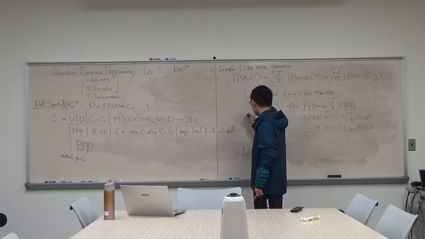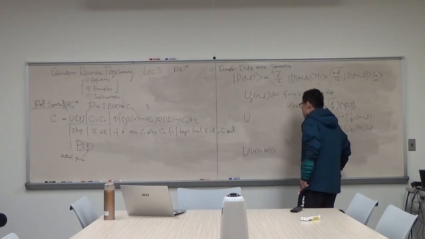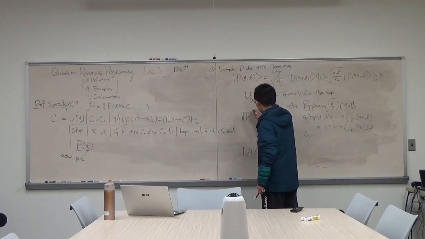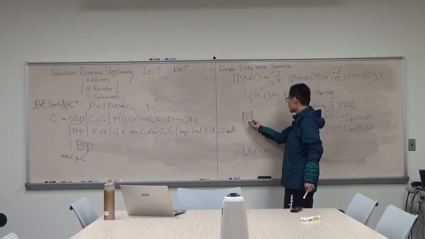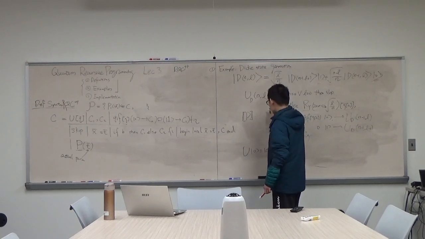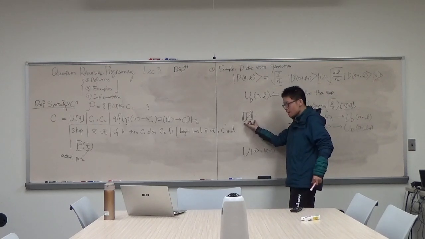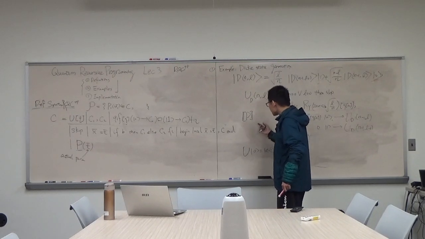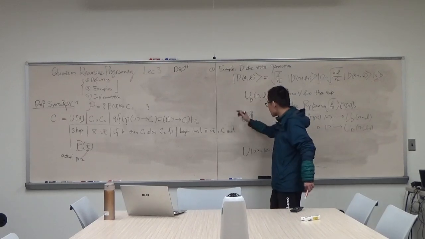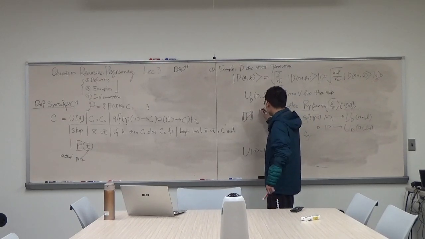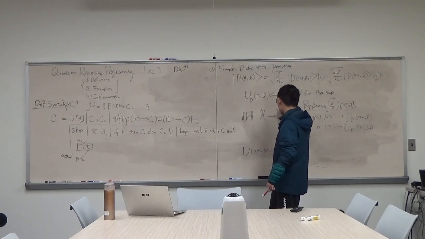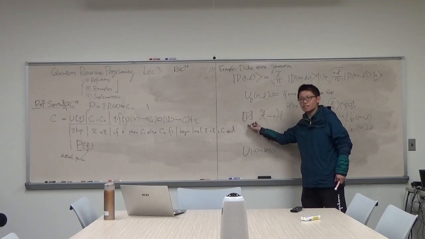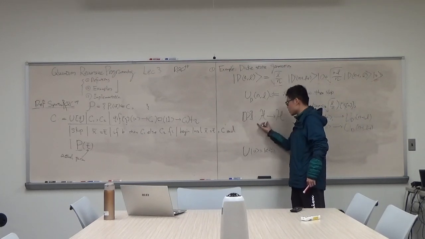For example, you have a program P, and when we consider its denotational semantics, we often use this double bracket. You consider this as an operation. In our case, this is just a unitary, a mapping from Hilbert space to Hilbert space. So you are actually studying this as a unitary transformation.